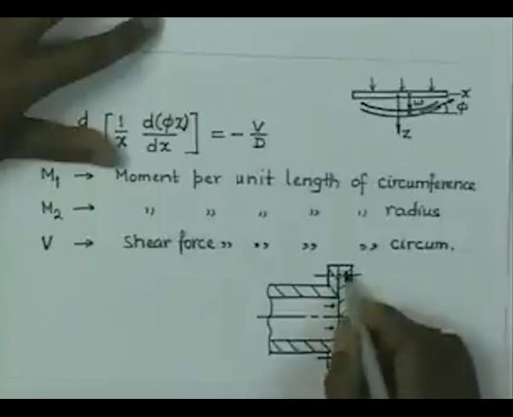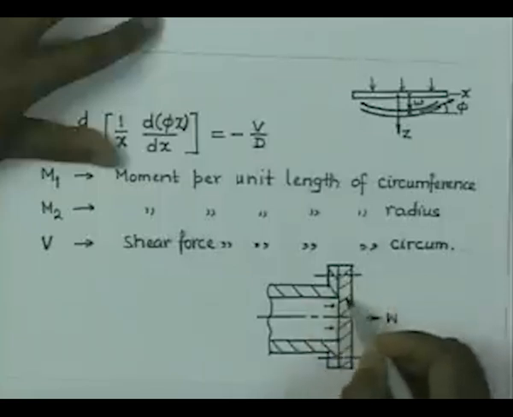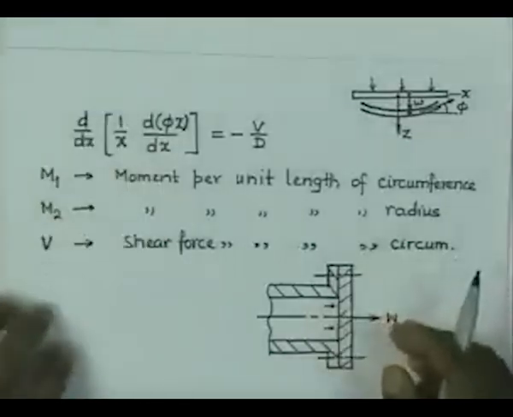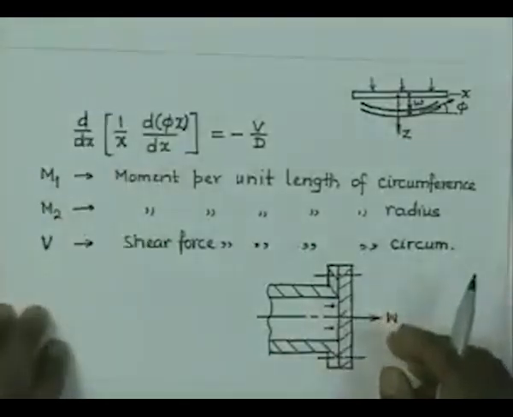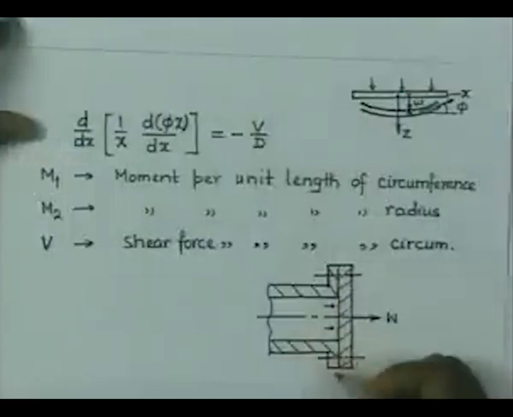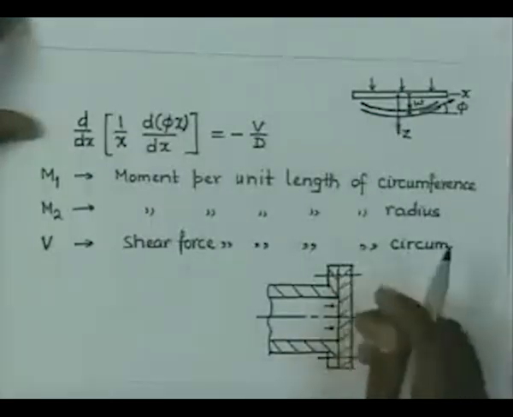Now, the end conditions that are going to be persisting here. If you would like to consider that the plate is up to this much, then the end conditions at these ends can be considered to be clamped, or they can also be considered as simply supported. So, we would like to consider both the cases. The conditions that can exist at this point and at this point can conform to clamped or simply supported conditions.